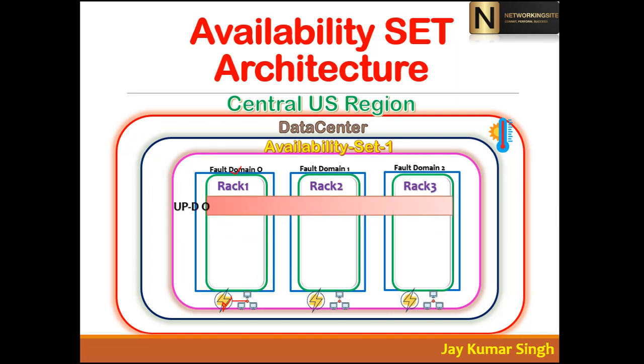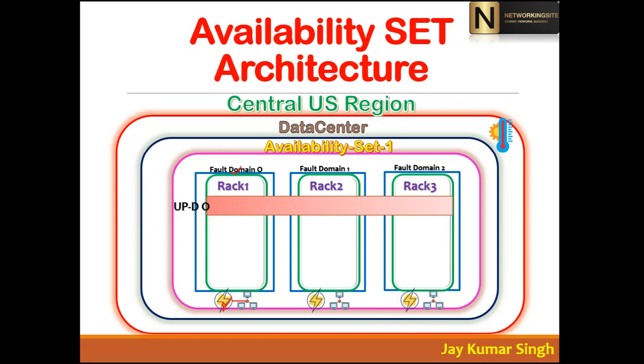Now, when you are using these fault domains, a fault domain is a physical rack, the combination of servers inside the rack. After that, Microsoft uses an update domain concept.